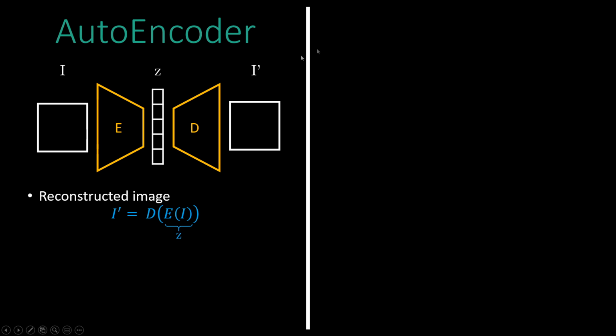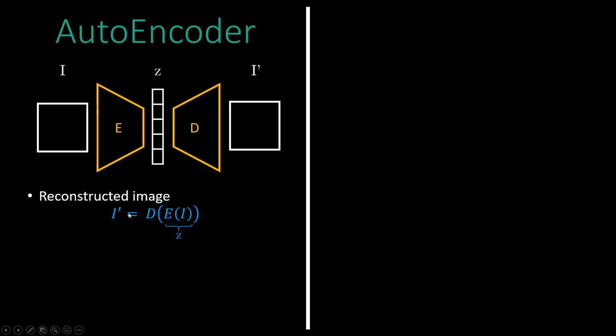So how do we mathematically describe this? If you feed this original image I through this network E, you will get a vector Z representation. And then if you feed that Z through the decoder, you are going to receive the same image here.